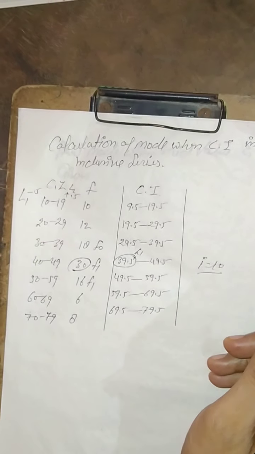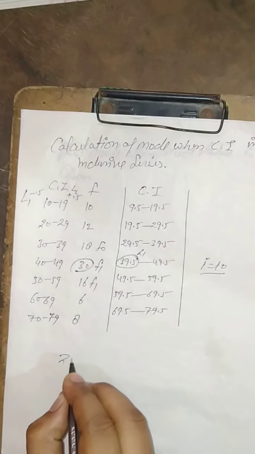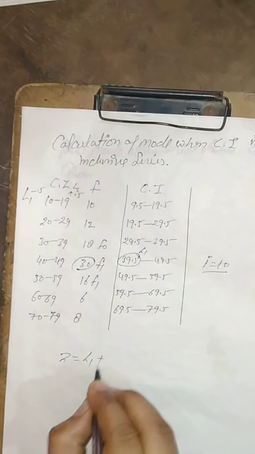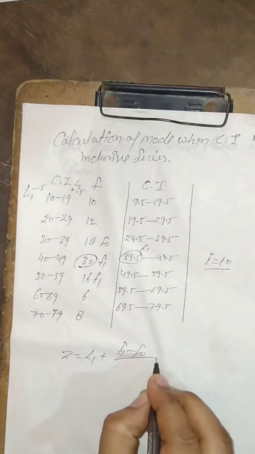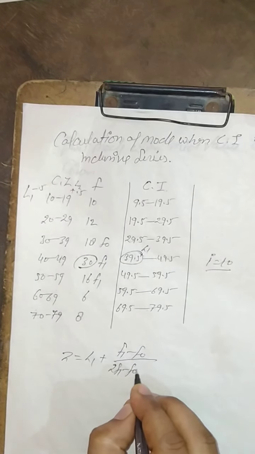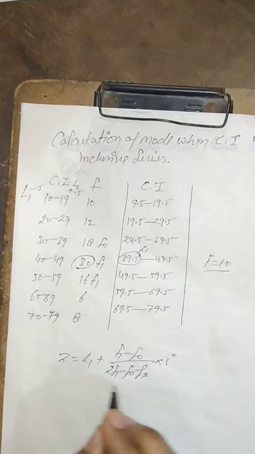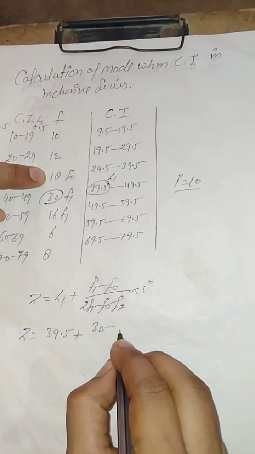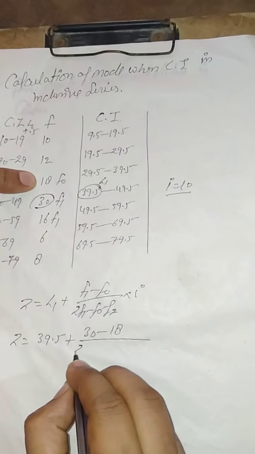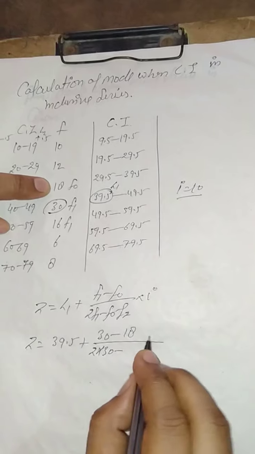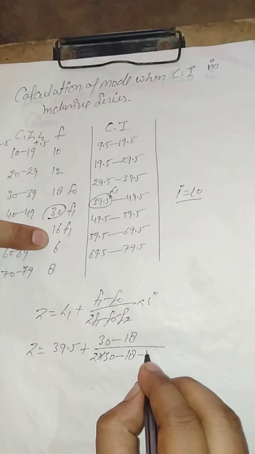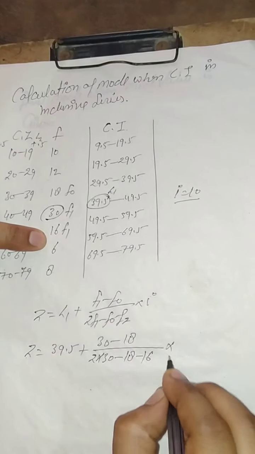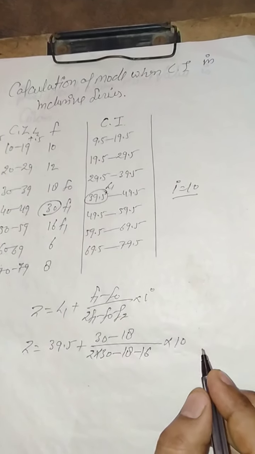Clear? After that you will apply the formula: Z is equal to L1 plus (F1 minus F0) divided by (2 F1 minus F0 minus F2) into I. So Z is equal to L1, 39.5, plus F1 30 minus F0 18, divided by 2 into 30 minus F0 18 minus F2 16, into I, 10.